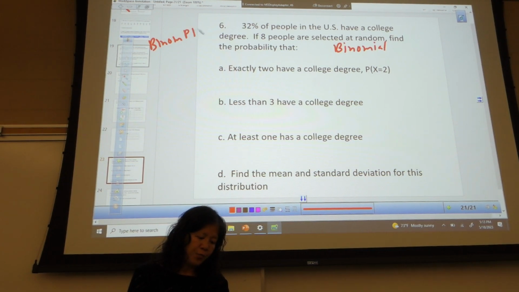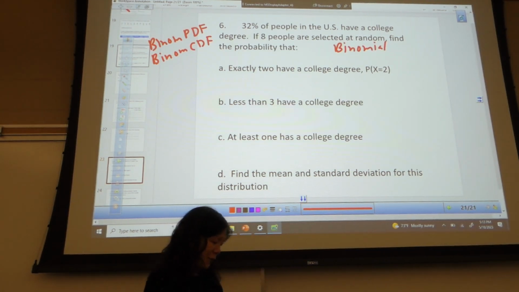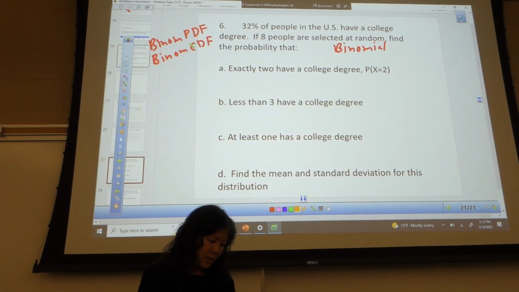PDF or binom CDF. What's the difference between them? CDF is cumulative. Yes, CDF is cumulative. The C here, that means cumulative, which means you're adding them all up.